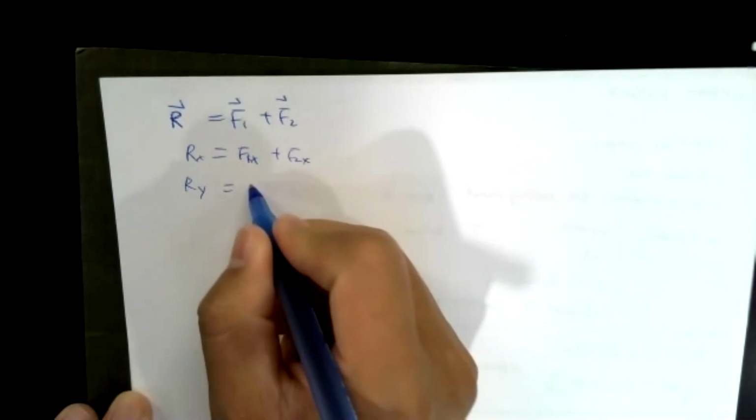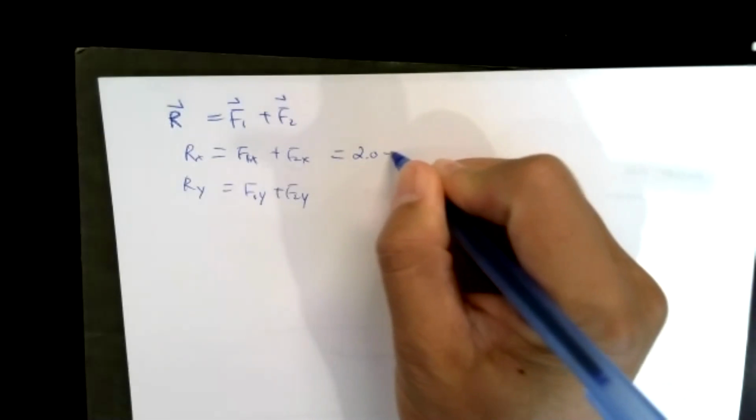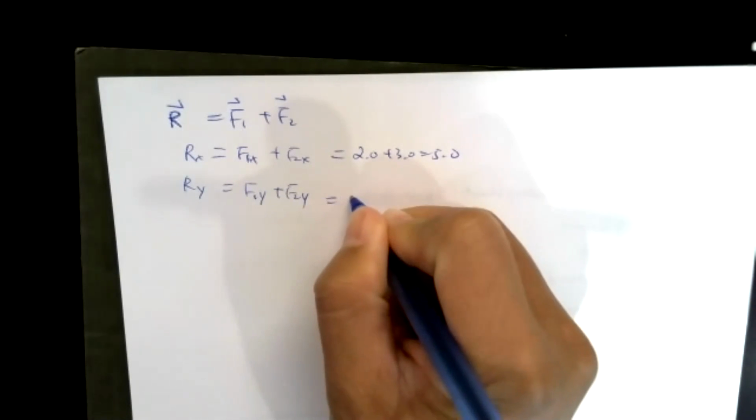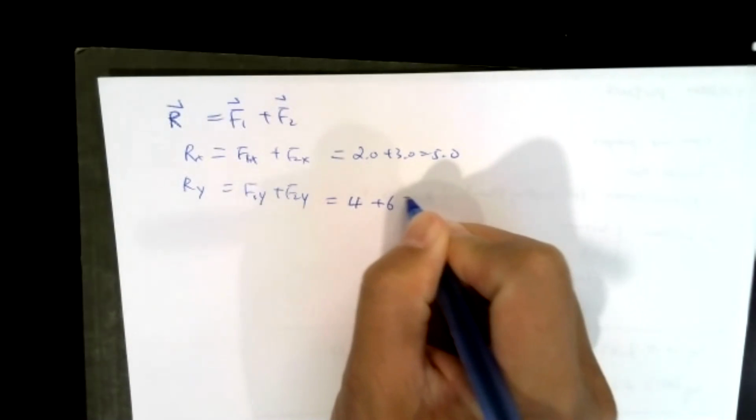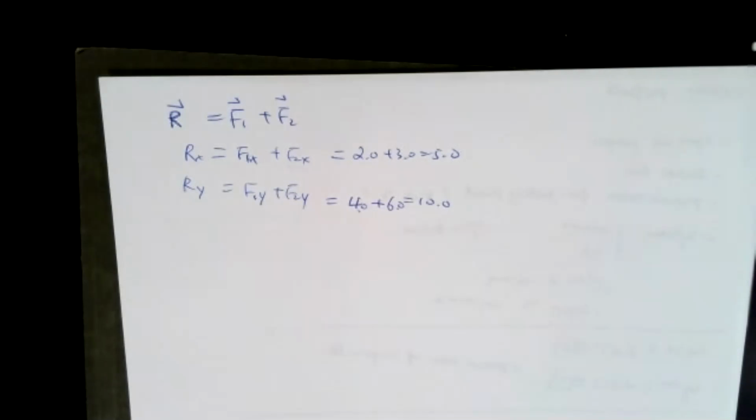For the y component, our resultant will be F1y plus F2y. So F1 is 2 and 4, and then 3 and 6 for F2. When you do x plus x, 2 plus 3, that is 5. And then 4 plus 6, that's 10. So that's the two components.